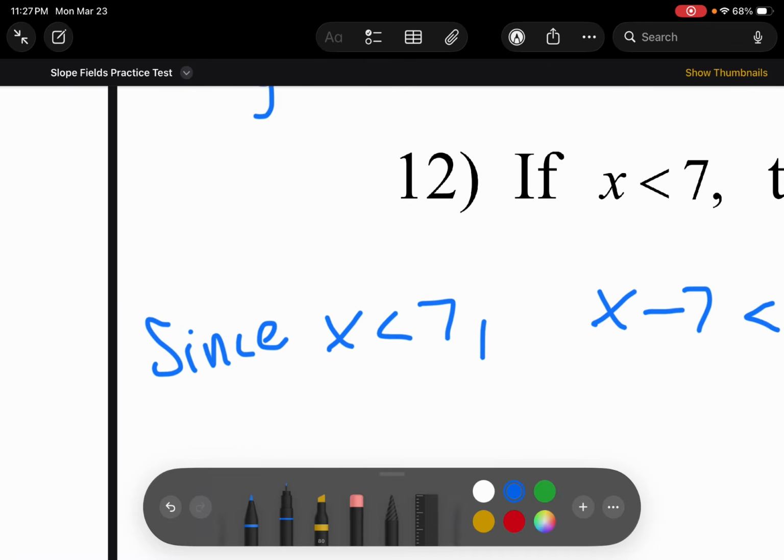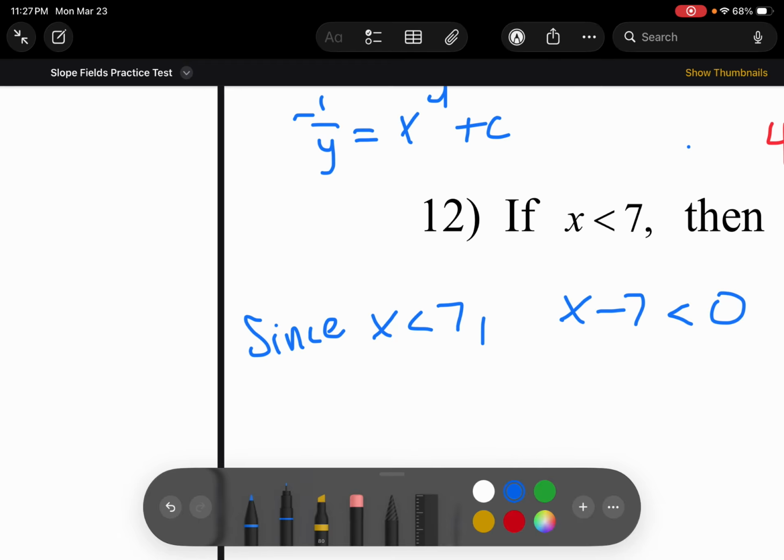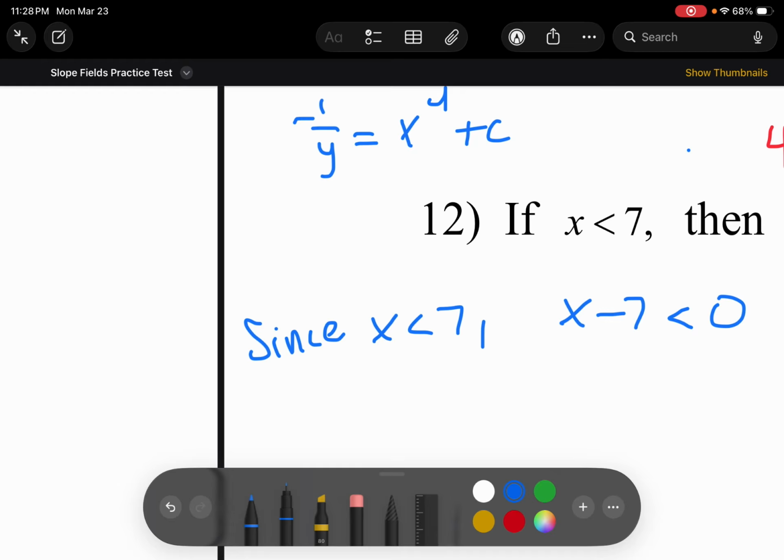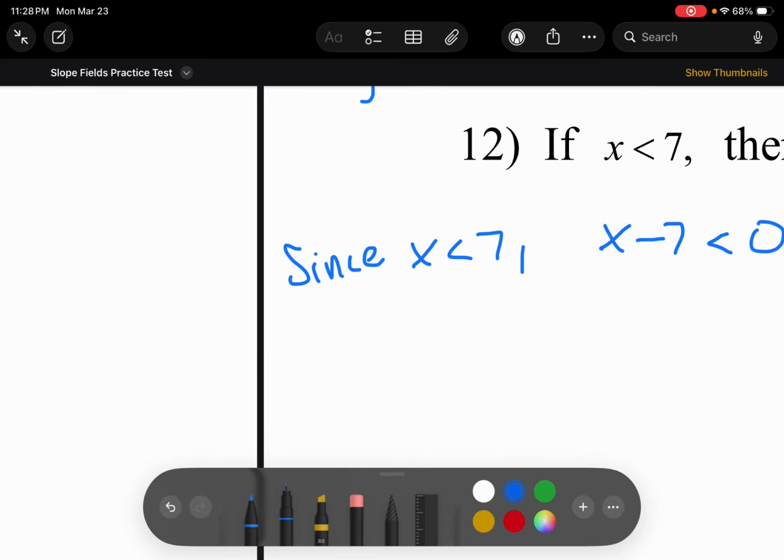Because, for example, since 6 is less than 7, 6 minus 7 is less than 0 because 6 minus 7 is negative 1. And then if you put lower values, the negative values would just become greater, right? So the absolute value of x minus 7 equals negative of x minus 7.